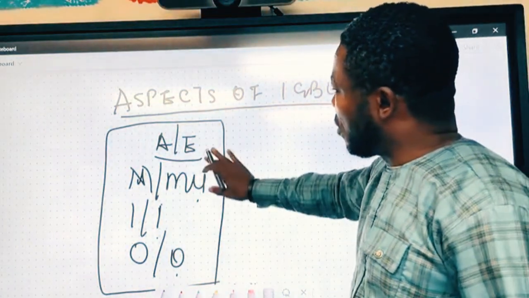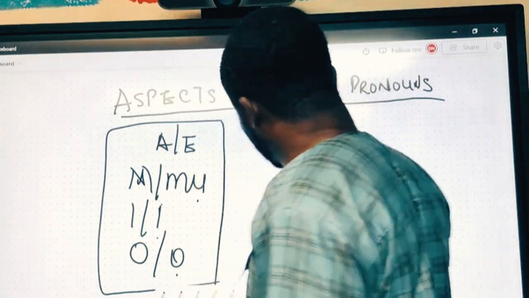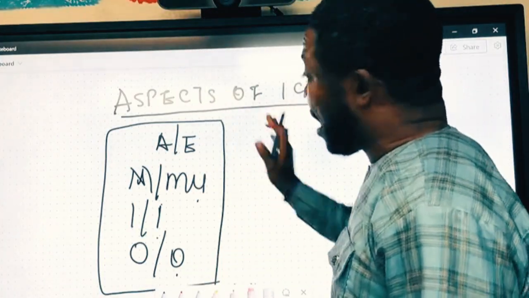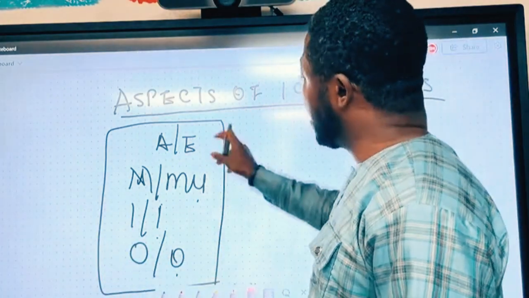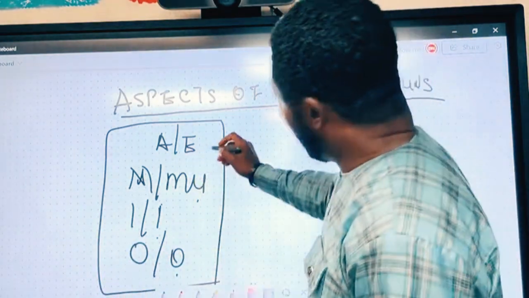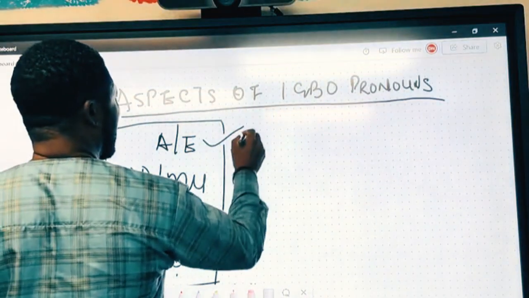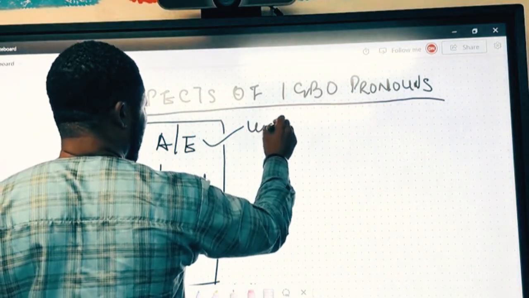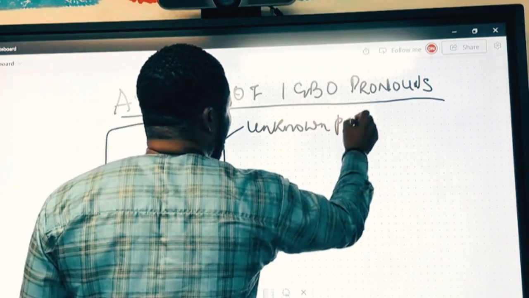So when you have all of this, I'm not sure there's anything I'm missing. I mean singular, not plural, okay? I think this is a complete pronoun set in Igbo. This one is the unknown person.